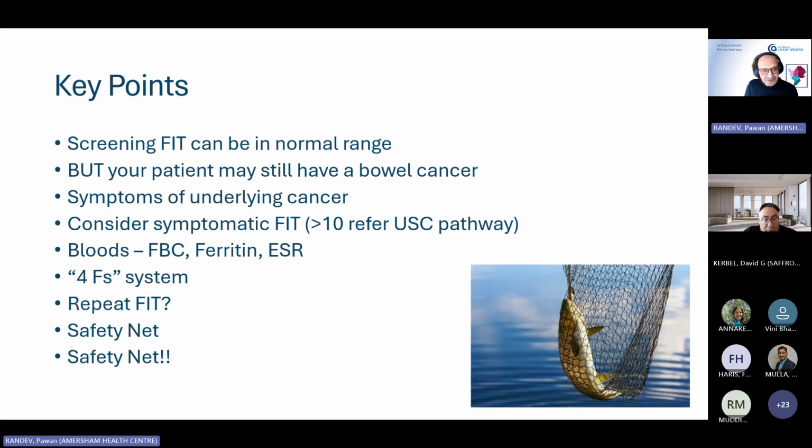And the great news is that the East Midlands has been chosen as a site in England to pilot this. And there are PCNs in Leicester and Leicestershire that are going to be taking part in this pilot. So very good news around safety netting. And if people want to know more, just email me.